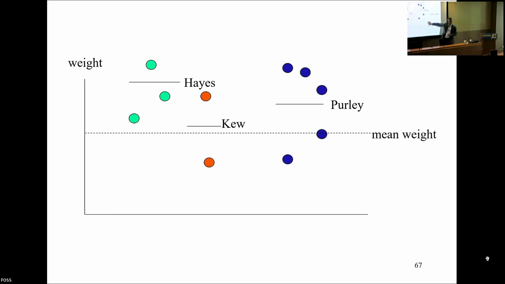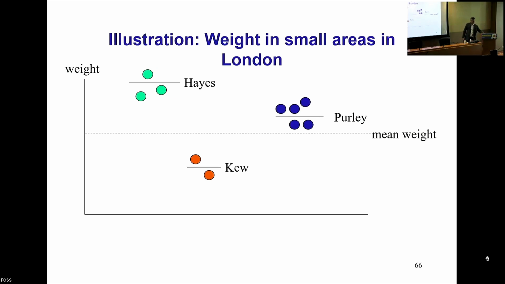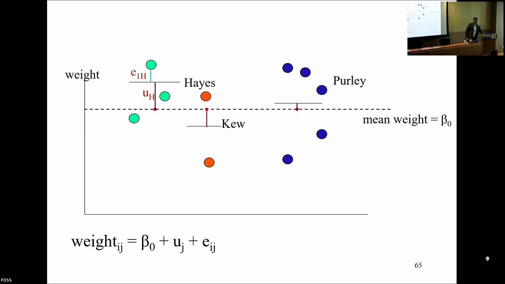Is it this one? Anybody going for this one? Or is it this one? Yeah, a few. So visually you can see, yeah, it is this one, because there's much smaller clustering around the group mean compared to this one. This one has much greater variability around the group mean.